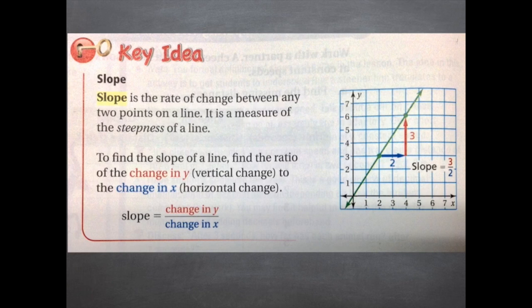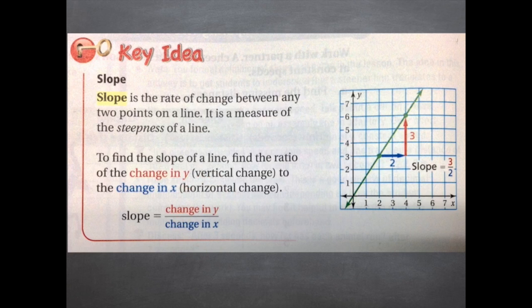The key concept for this lesson is all about slope. As you can read here, it is the rate of change between any 2 points on a line, and it measures the steepness of the line. So how steep this goes up or goes down. To find slope, find the ratio of the change in y, that's vertical, to the change in x, that's horizontal.